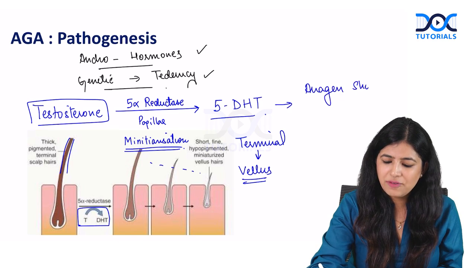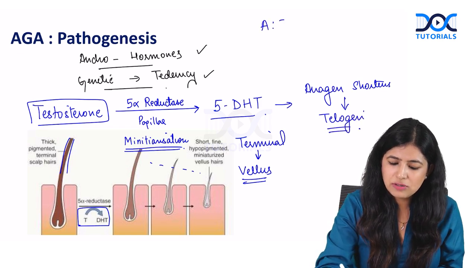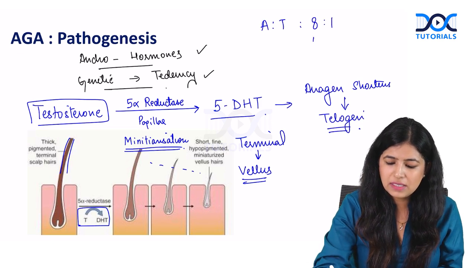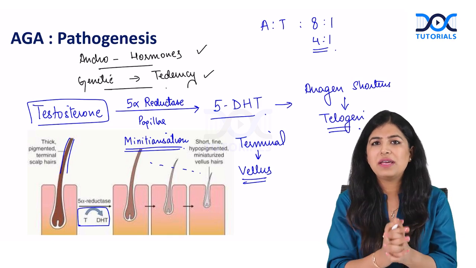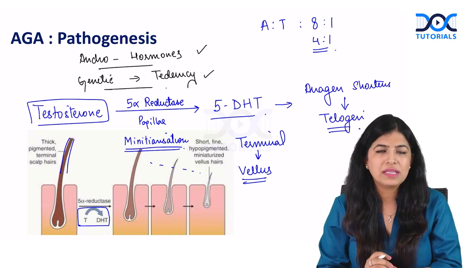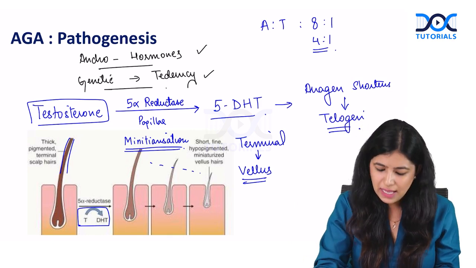So the anagen phase is shortened. So more hair will be converting to the telogen phase here. The normal anagen telogen ratio, which is 8:1, here it is about 4:1. So you have less of hair in the anagen and more in the telogen phase in the areas which are affected by this alopecia.